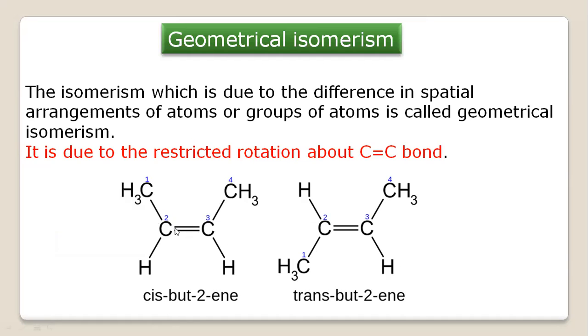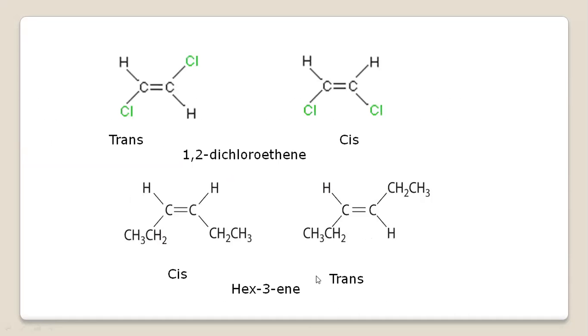As the double bond is between carbon atoms 2 and 3, this is cis-but-2-ene. In this structure the CH3 groups are on opposite sides of the double bond. This structure is called trans-but-2-ene. So cis and trans are the geometrical isomers of but-2-ene.